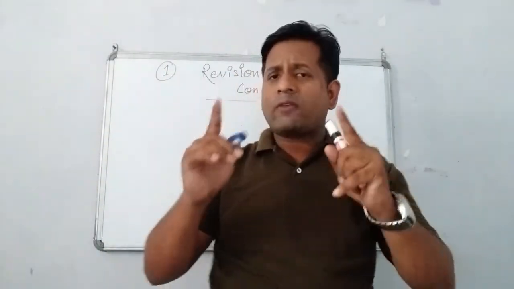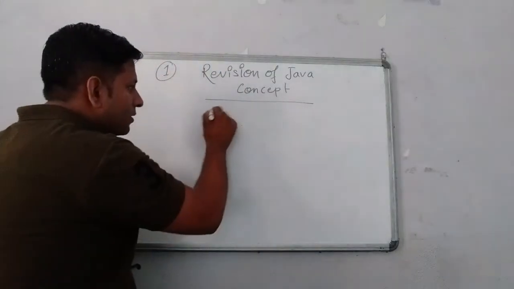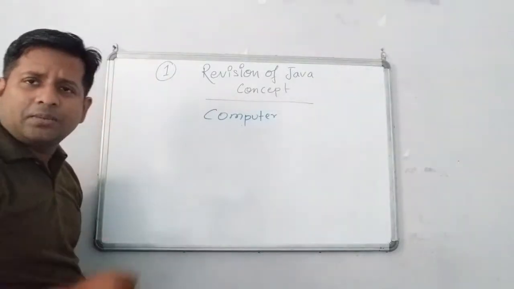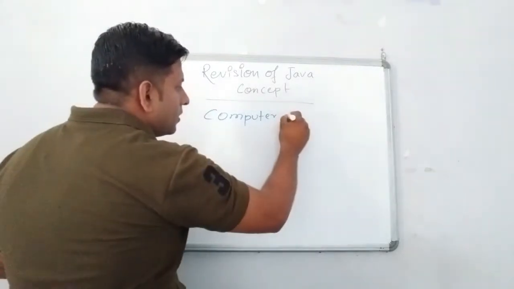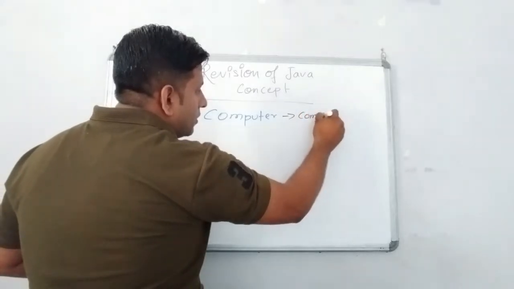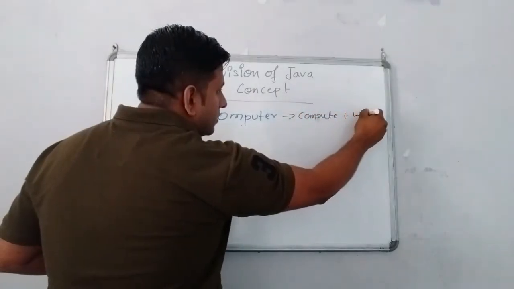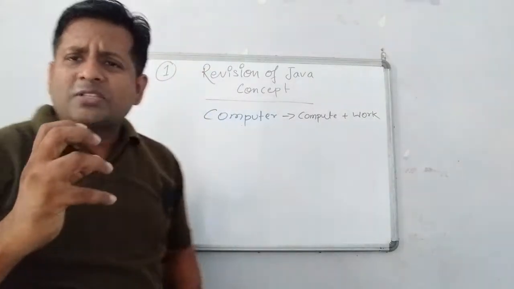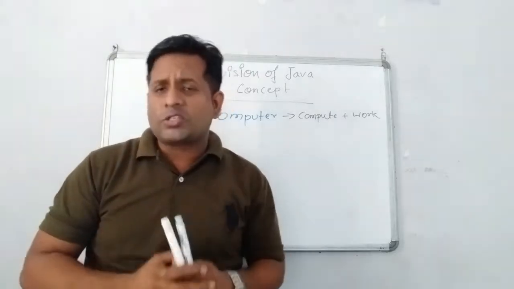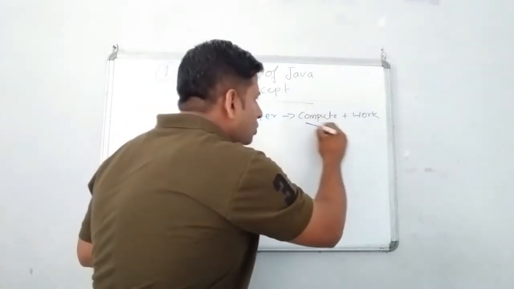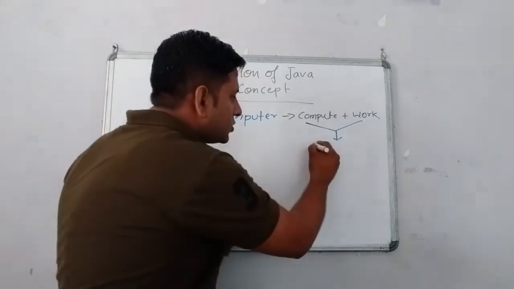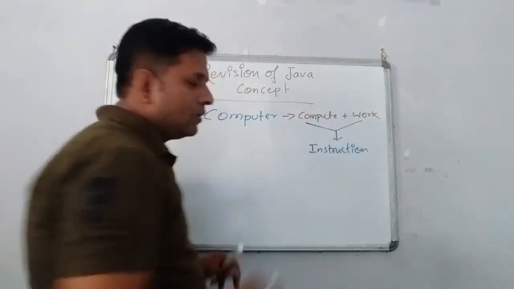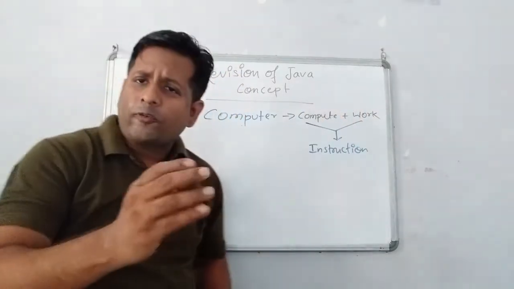Okay, what is a programming language? Just try to understand this. Computer, this term means compute plus work. Now computer is a machine which does our work, which follows our instructions. So to make the computer do work, we have to give instructions. Okay, instructions we have to provide to the computer.